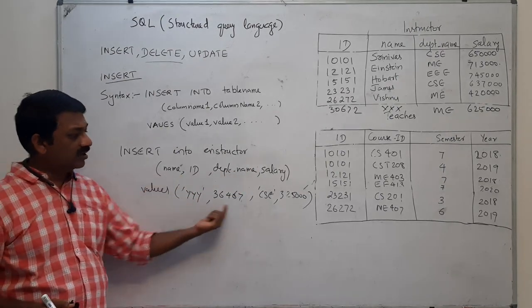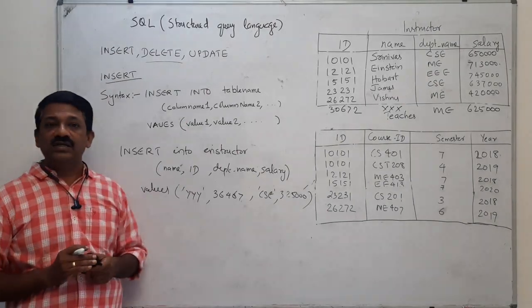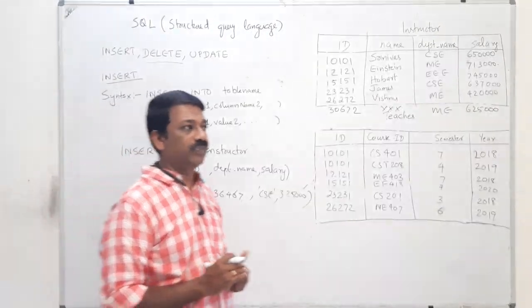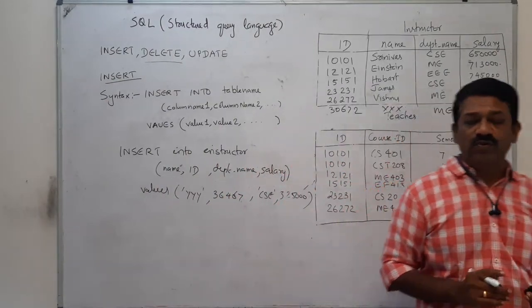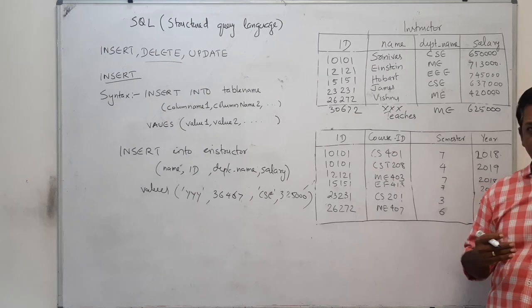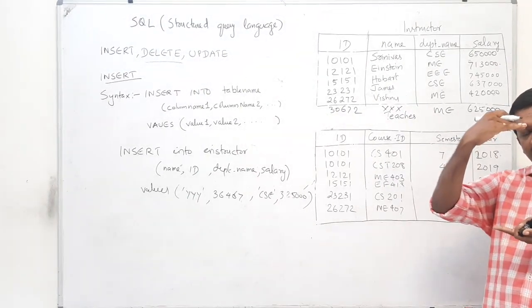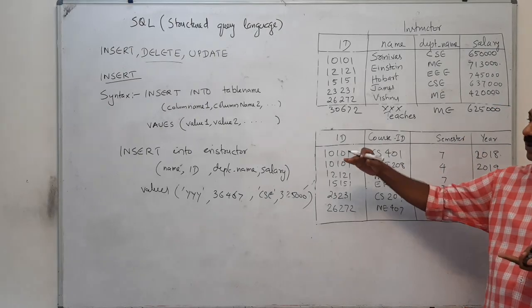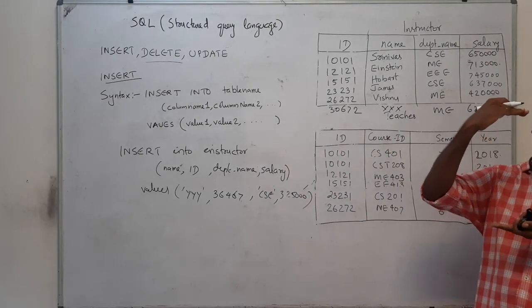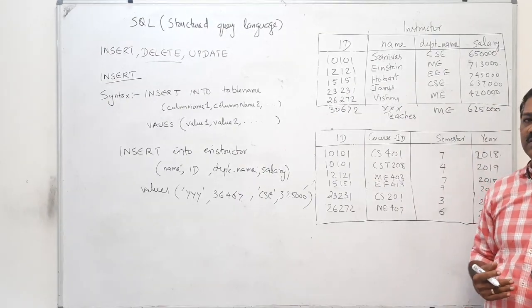And like this, you can insert data into this table. That means you can insert data into the table tuple by tuple, or you can insert a list of tuples as a single statement.